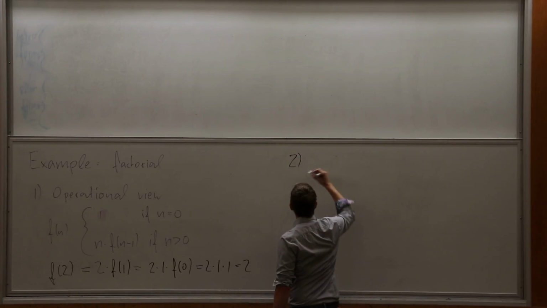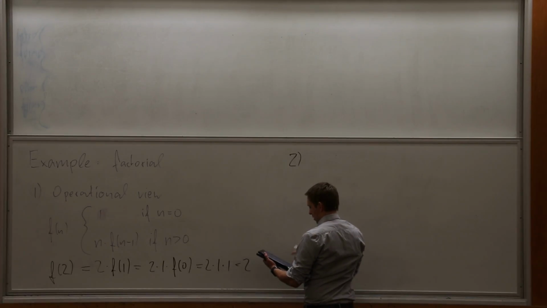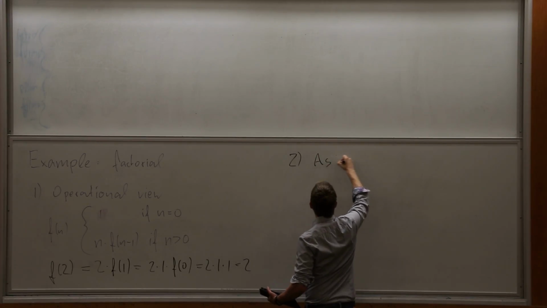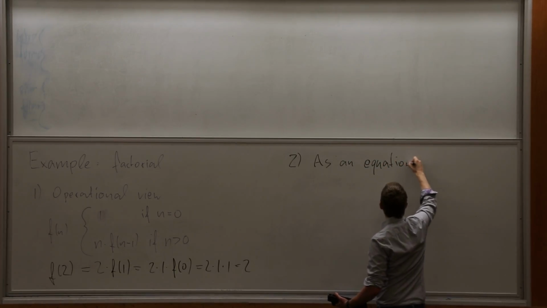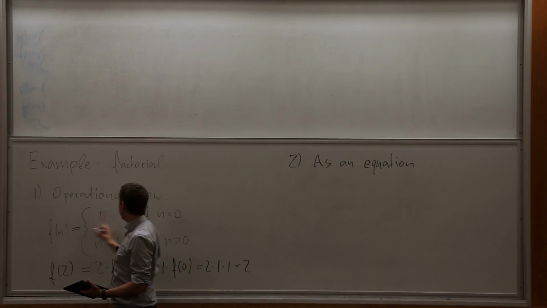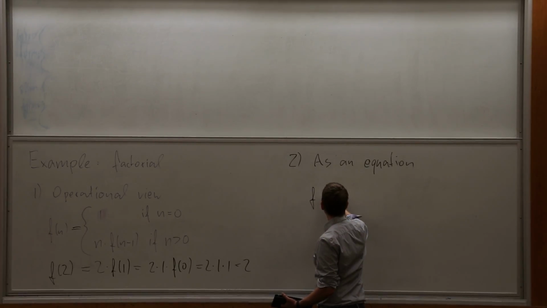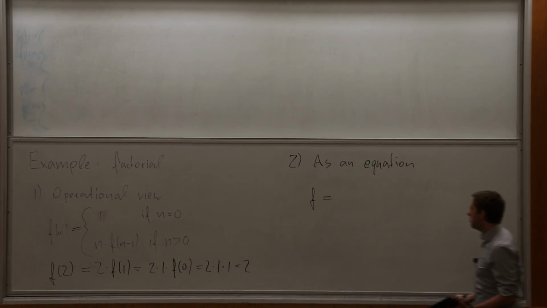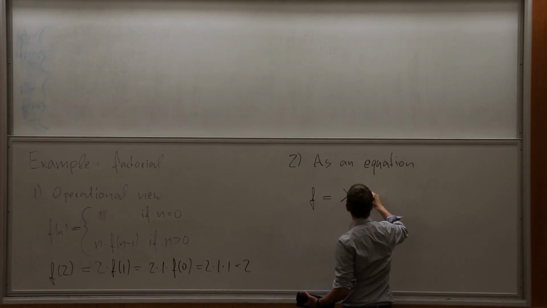We can think of it as an equation. Here this is supposed to be equal. We can view this as an equation that we want to solve. So we have f as a variable now, and we want to find a solution to an equation that looks like that.